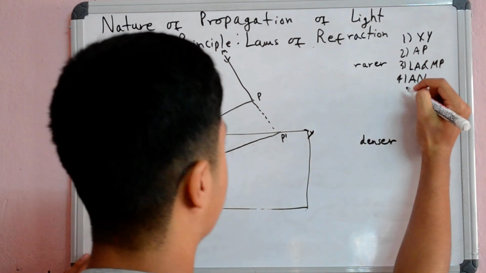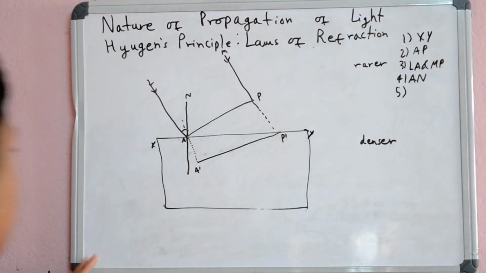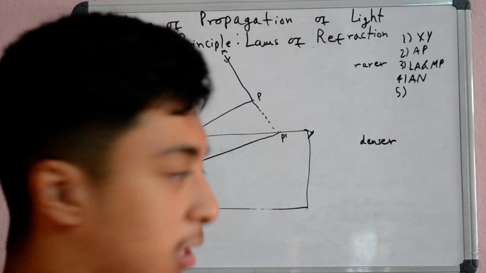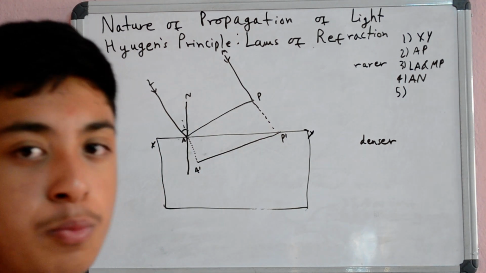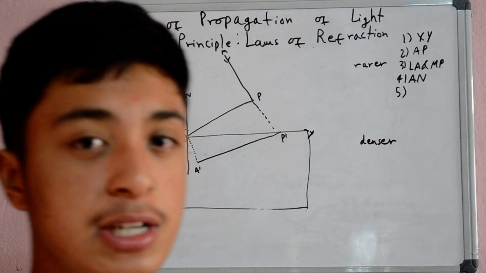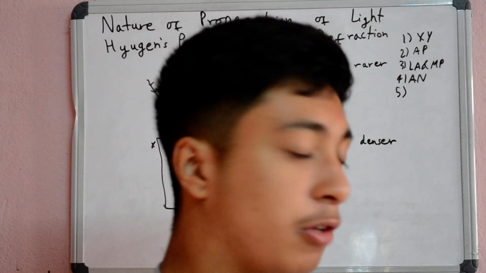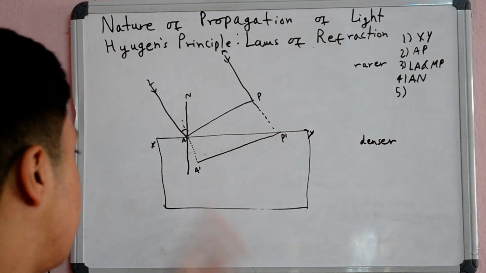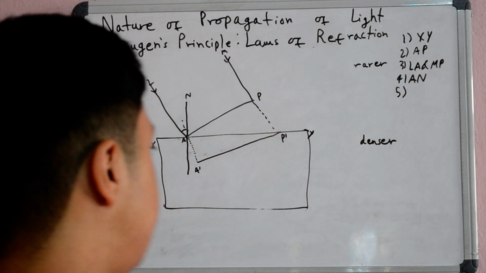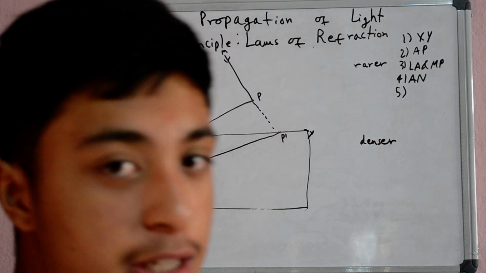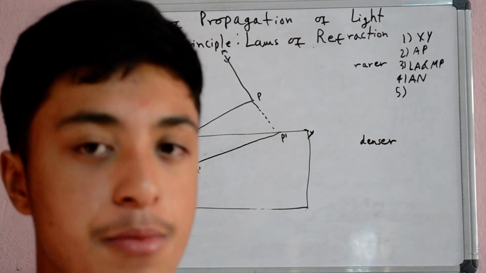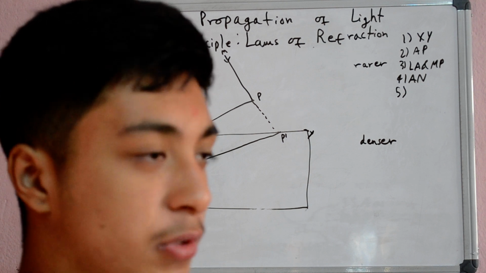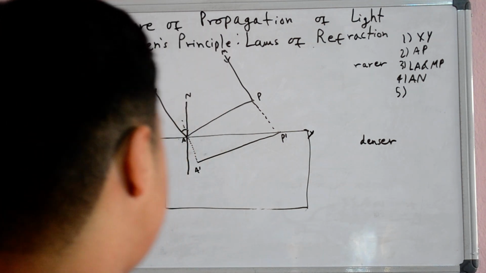So what we had just done is 5. Well, before that, let's just use Huygens' principle, which is two postulates. Just like in the reflecting part, we have said that the second one, the forward tangent of the wavelets, gives the secondary wavefront, which is A dash P dash. That means there must be some number of points on the primary wavefront to give these secondary sources of wavelets, right?